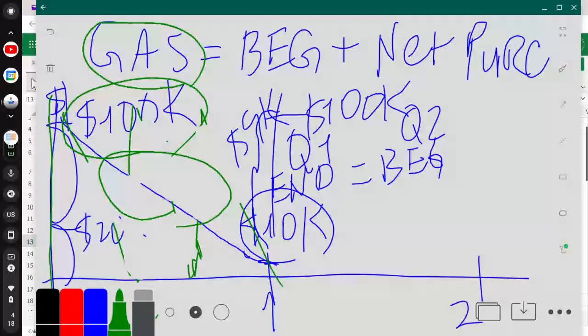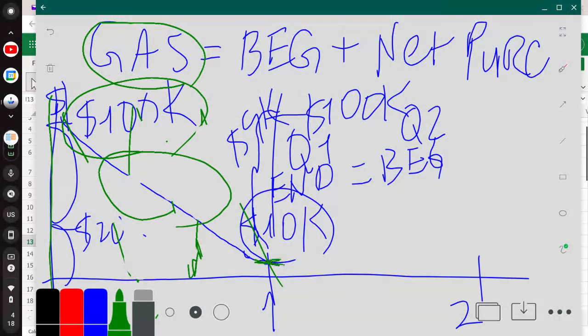So throughout the quarter, sale is happening, and sale would have its counterpart, sales revenue. The counterpart of the sales revenue on the cost side is CGS, right? So as the sale happens, we should have CGS, and then at the end, whatever is left unsold, that's the ending inventory.